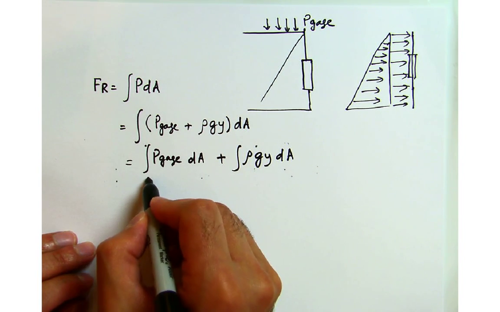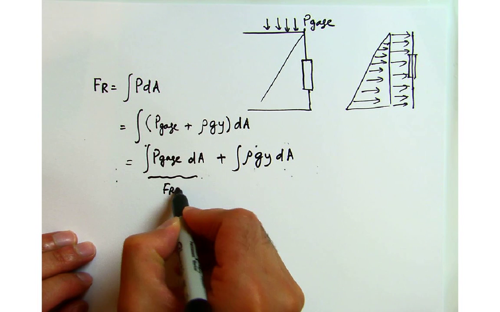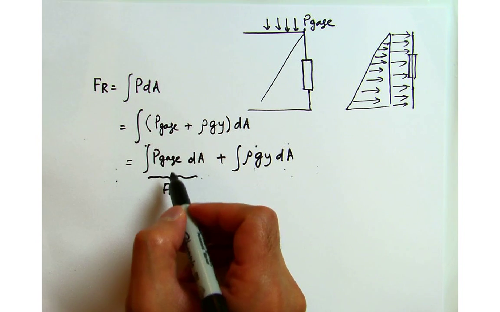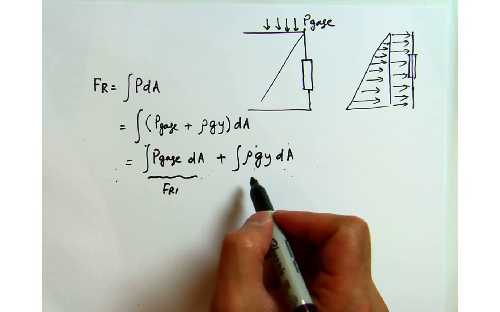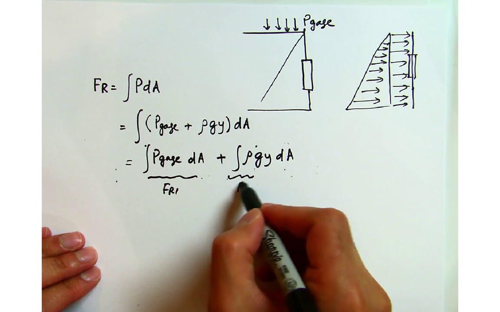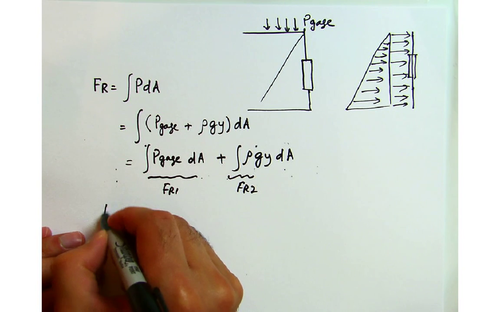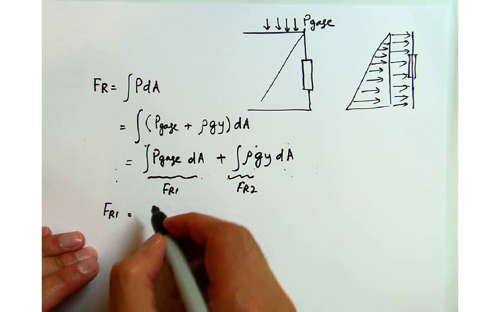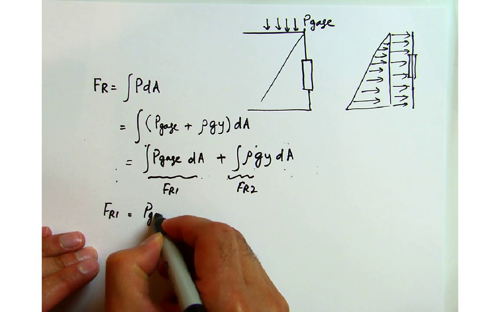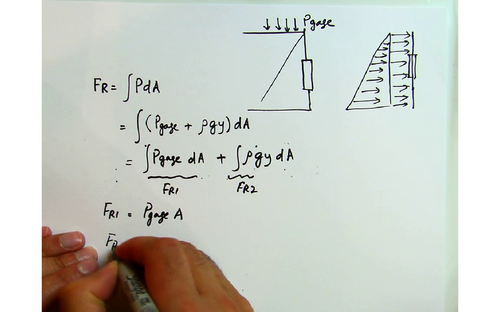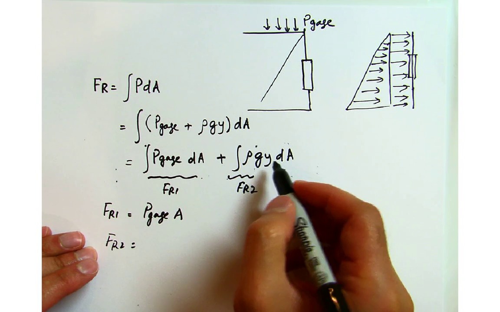I'm calling the first one FR1 because it is the contribution from the gauge pressure, and you also have a contribution from the hydrostatic forces, so I'm calling this one FR2. FR1 is simply P gauge times the area, and FR2 is something we have already looked at before.